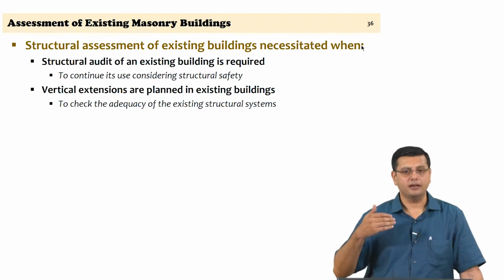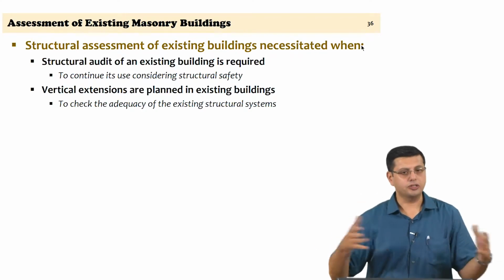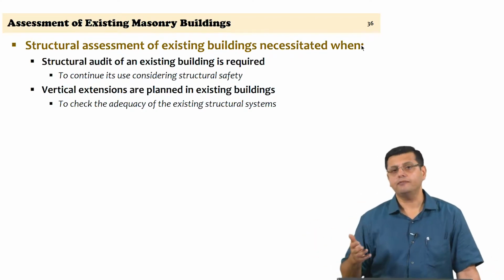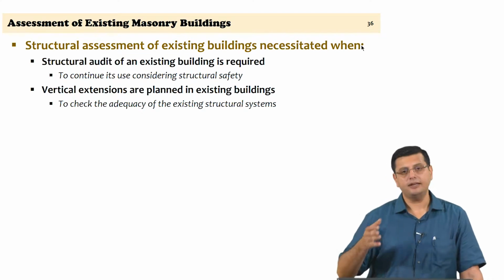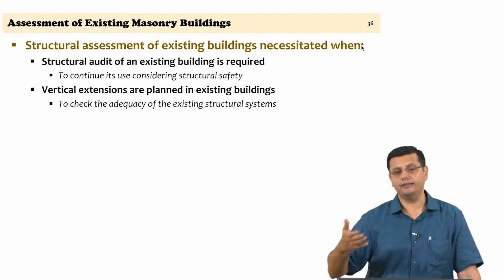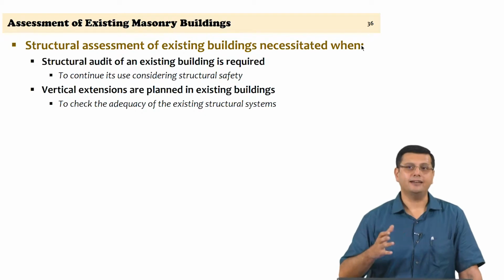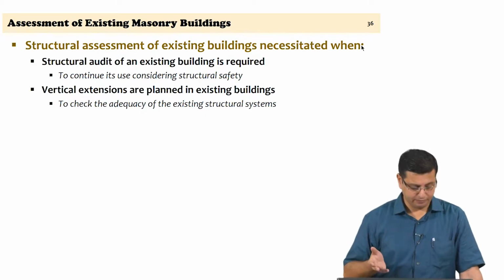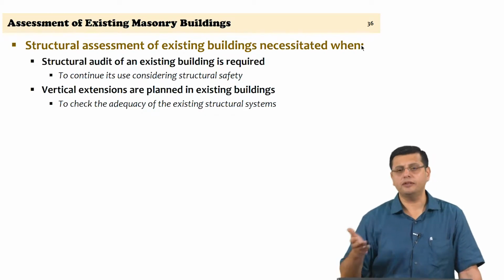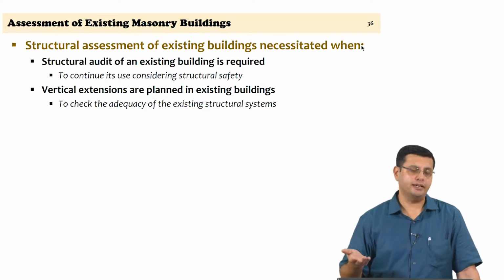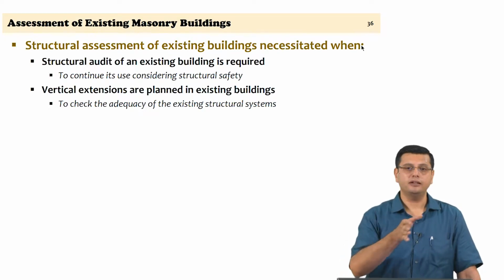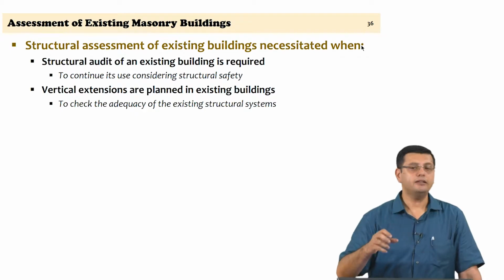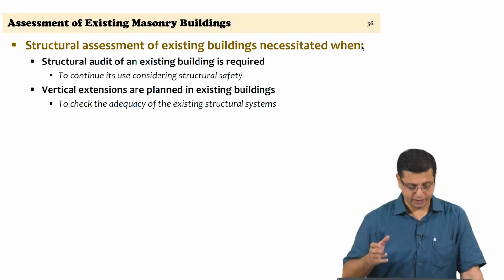When you are doing lateral expansions, horizontal expansions, typically we would go in for a construction joint and ensure that the old structure and the new structure do not directly interact with each other. There are requirements of how much gap you must actually leave and what detailing you must do between an old part and a new expansion in the structure.